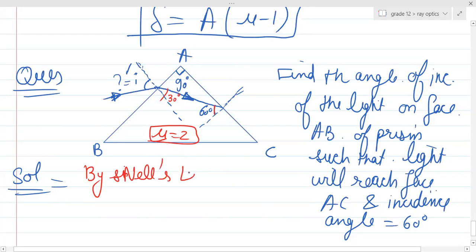So by Snell's law, who will apply Snell's law over here? Navina, can you tell me if you apply Snell's law over here, what will be the equation? Yes, sir. So for the base AB.